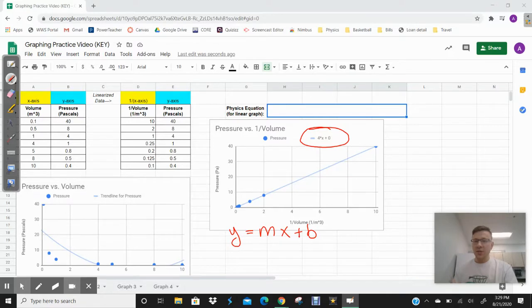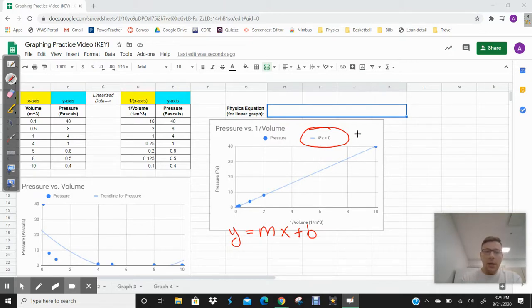So it obviously doesn't say y equals, but it gives us m, the slope of 4 on this graph, times x plus the y-intercept, which in this case was through the origin, or 0. So we need to take values from that equation and make our physics equation, okay?